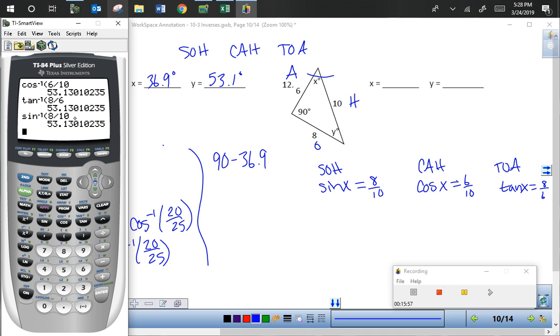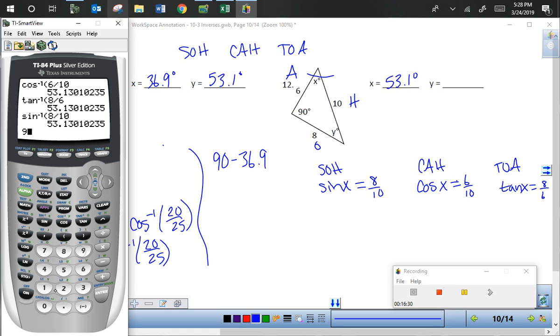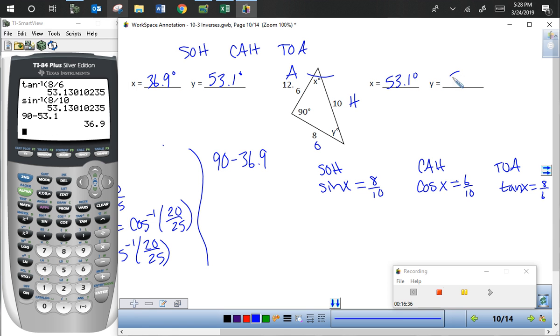But all of them give you 53.1. So it does not matter which one you use. Then to solve for the other one, 90 minus that 53.1, and that gives us 36.9. Once again, we're seeing those same numbers because this is a 3, 4, 5 that's been doubled.